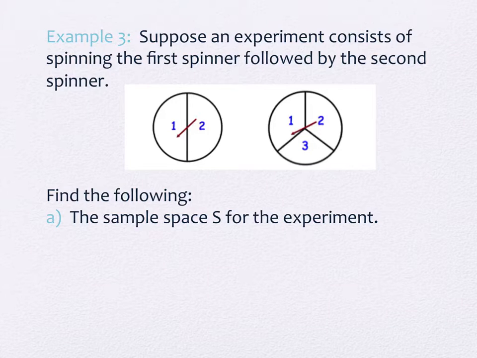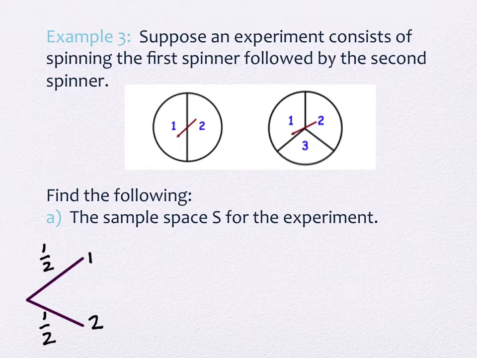So if I were to think about drawing a tree diagram for this, it's not super crucially necessary simply because of the way it's asking part A. But let me show you what it would look like in case that's not the question that we're being asked. We spin spinner 1, and we have a 1 or a 2 that can pull up. And because the spinner is split evenly in half, the angle through which it goes is evenly in half, each of those has a probability of 1/2.